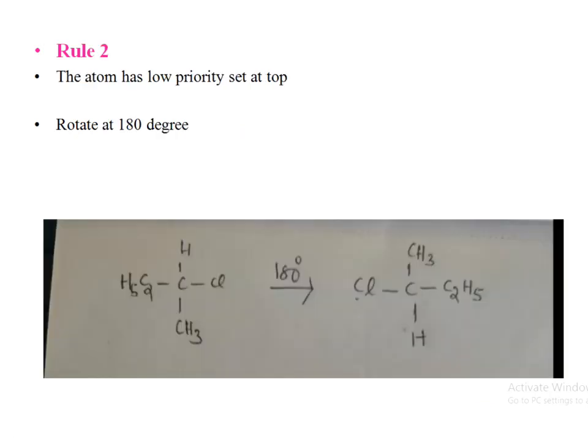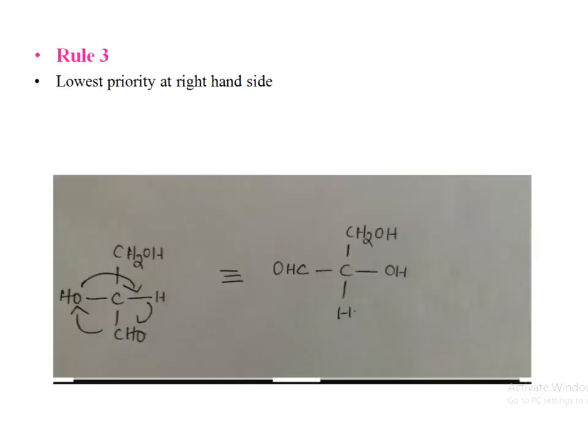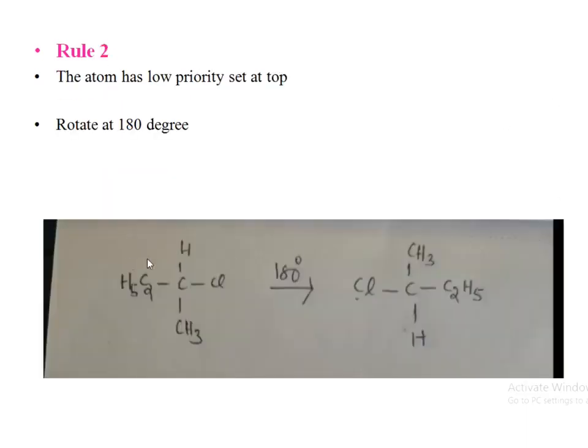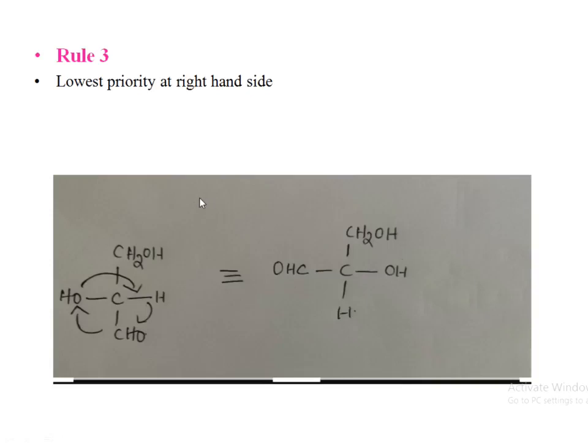Next is rule 2. If hydrogen has low priority, then we rotate by 180 degrees, and we get this compound and hydrogen comes to the bottom. Next is rule 3. If hydrogen is in the right-hand direction, this OH moves to this side, hydrogen goes to the bottom, and CHO goes this side, so we get this configuration.